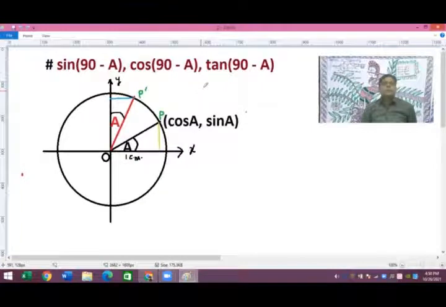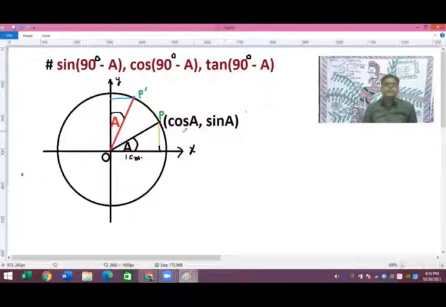Let's now see how we can relate one angle to another angle, and how the trigonometrical ratios change. So here in this case we are going to talk about sine of 90 degrees minus theta, cos of 90 degrees minus A, and tan of 90 degrees minus A. We can also say theta. So in this triangle you are clear that this is the x coordinate and this is the y coordinate.